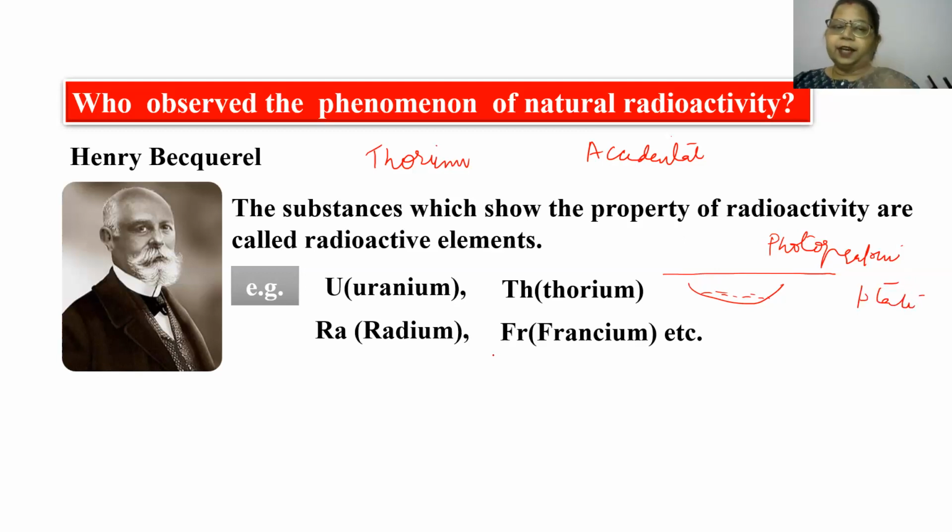The radioactive substances include uranium, thorium, radium, and francium. Please write down the names of the substances which are radioactive in nature. Please note down quickly.